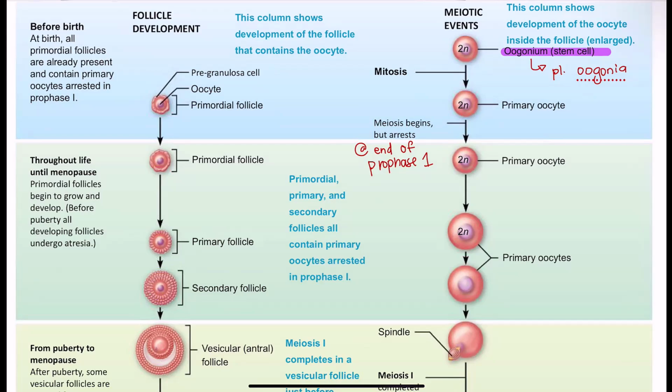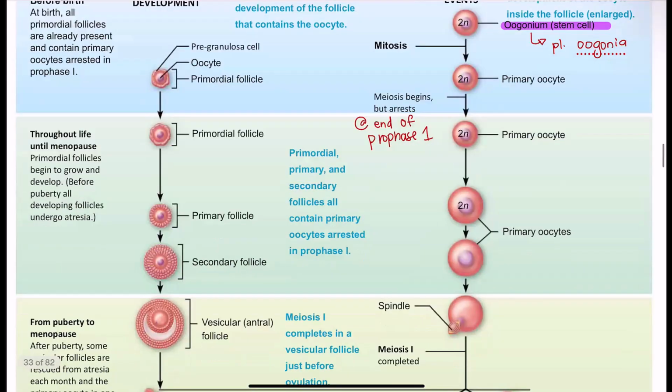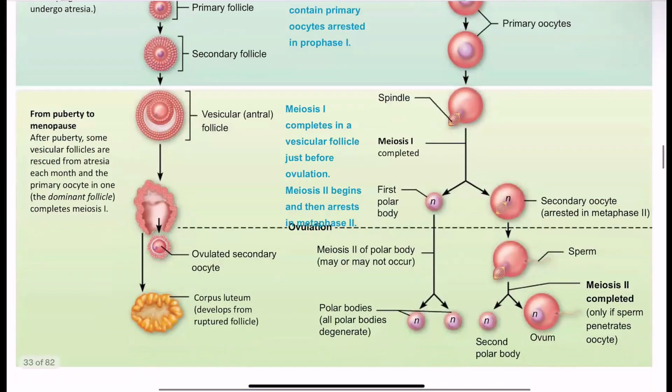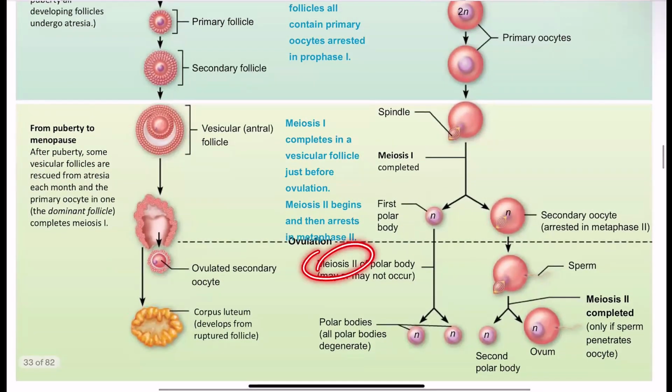Once those cells are needed, that primary oocyte continues on with the process of meiosis until meiosis 1 is completed and meiosis 2 starts. Meiosis 2 will start, but then will arrest again.